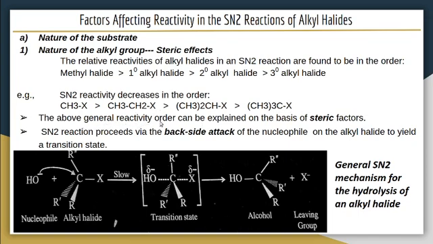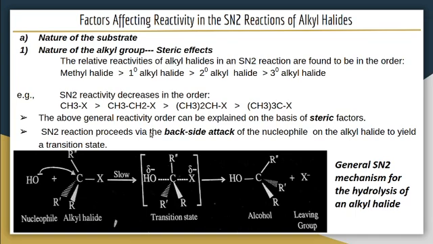The above general reactivity order can be explained on the basis of steric factors. That means when the number of alkyl groups increases, the steric crowding for the attack of the nucleophile from the backside increases.